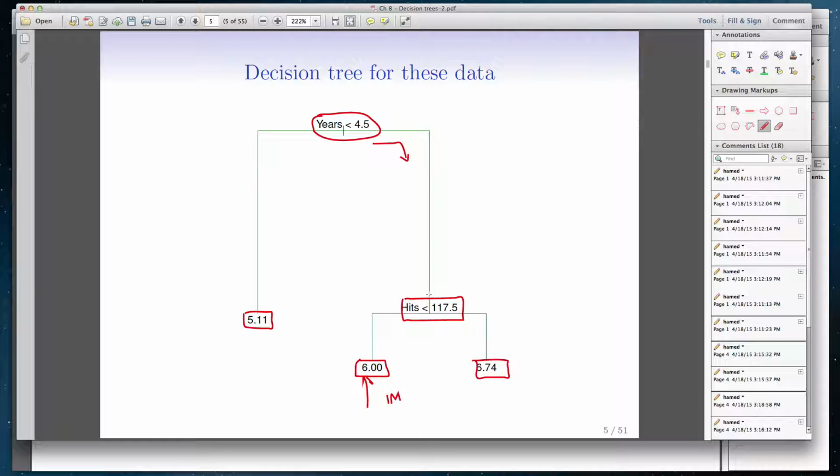And usually, when you want to show a tree, what you need to do is show the length of the branch, and that should correspond to the value that variable has in dividing it. So here we can say years of experience is a more important factor in defining your wage than the number of hits you have, because the length of the branch you have here is way more than this one.